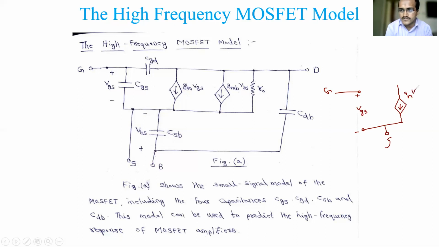And this is the drain side, right? So this terminal we called the drain side. And you had a parallel resistance here. Sorry, its value is RO. So this is the MOSFET model you have seen.